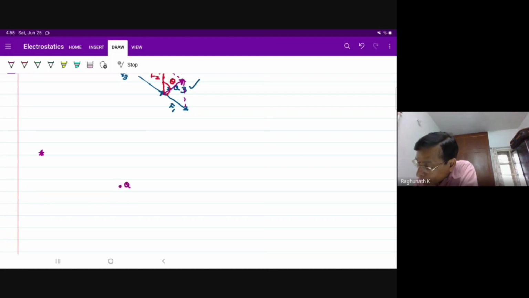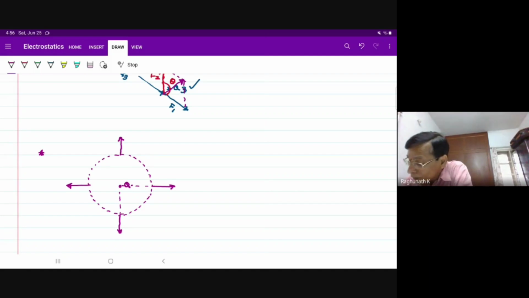If I keep a point charge of Q coulombs at a point, at any point on the circle of radius R having this point as the center, a second charge experiences the same force, and that force will be radially outwards, because at each and every point on this circle having the charge at its center, the second charge experiences the same amount of force in magnitude, and it should be along the line joining.